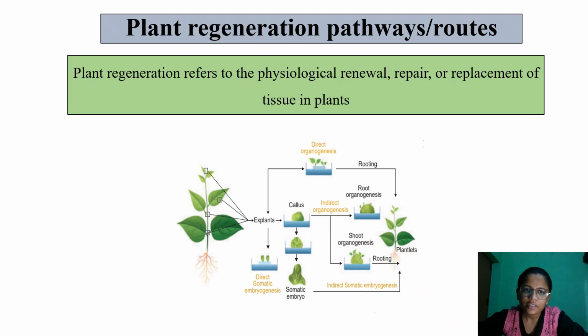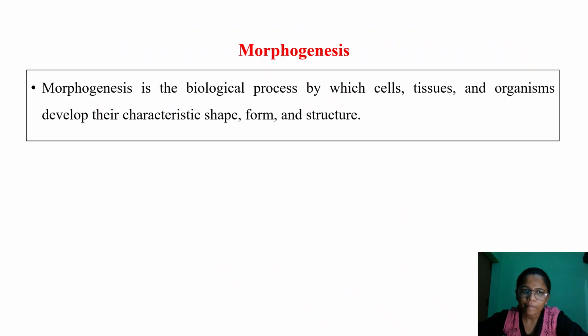The plant will regenerate, renew, and repair whatever damaged parts there are. This can be seen in different ways, like through callus formation and then root and shoot formation, which is called indirect, and direct, without formation of callus. Then we'll see one term, morphogenesis.